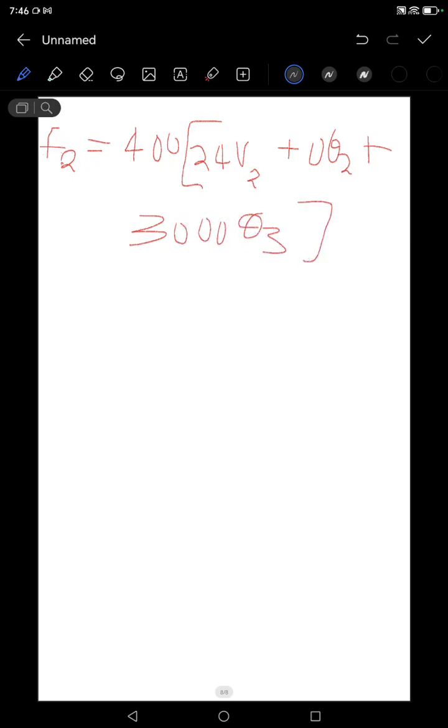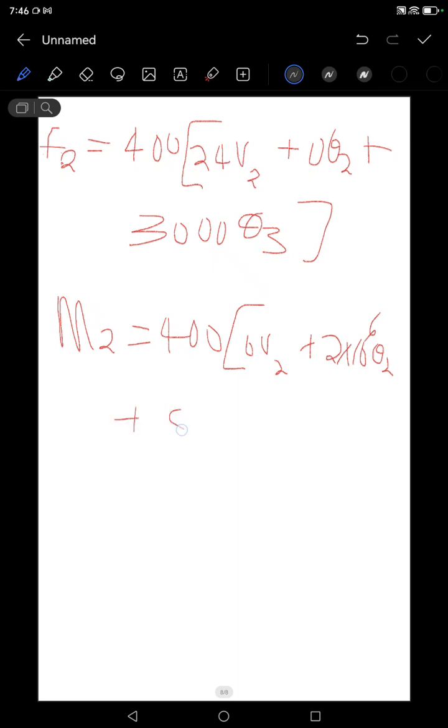And then M2 is 400 times (0 V2, plus 2 times 10 to the power of 6 theta 2, plus 5 times 10 to the power of 5 theta 3). Here we just want to calculate theta 2 and V2.